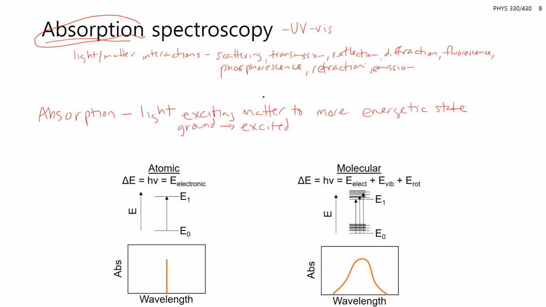These other types of interactions, like fluorescence, probe the excited state to the ground state. But here, absorption is just going from ground to excited. So I've shown this for atomic and molecular sketches out here, where this is our energy level diagram, where higher up is higher energy. So we have our ground state here and our excited state here.